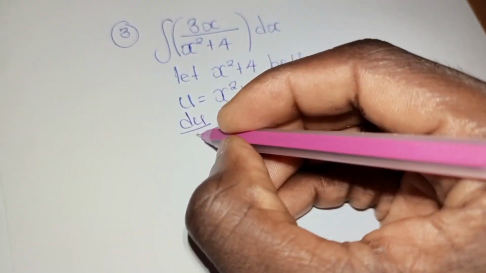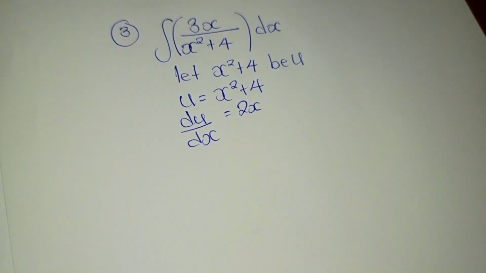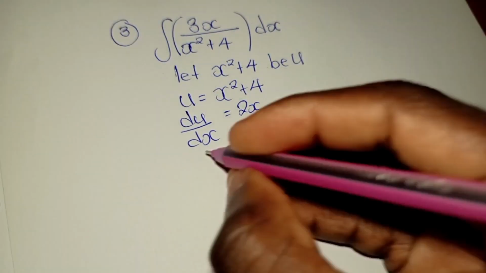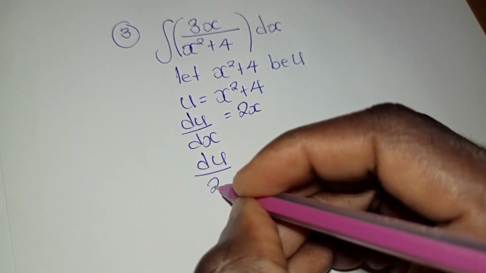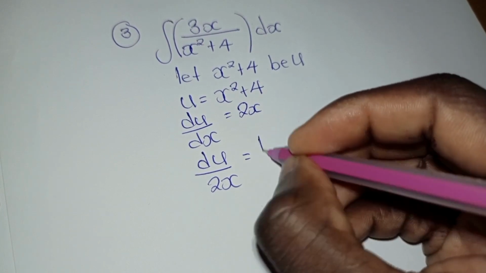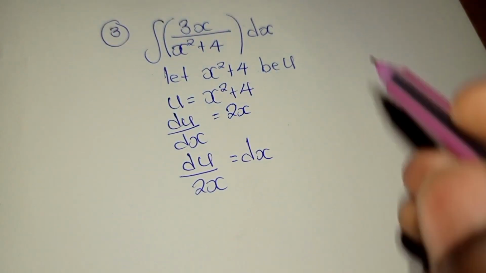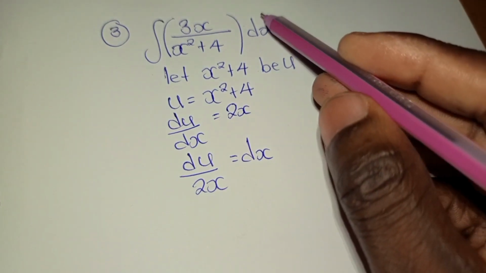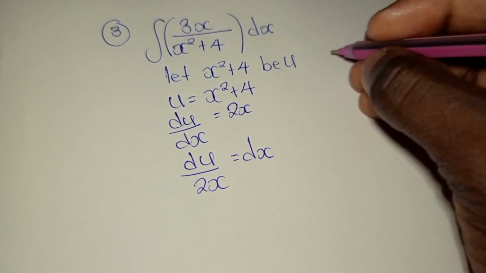So it will be du over dx is equal to 2x. Then from here we make dx the subject, where we will just go directly. This time it will be du over 2x is equal to dx. Then immediately now we have this, we will just replace our dx with du over 2x.